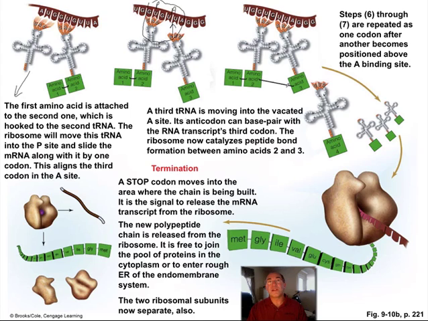Once these two are close to each other, they are joined again by another peptide bond, and the system repeats itself. This first free transfer RNA will now disappear, and the next transfer RNA will move into the P site. This system continues until you end up with a series of amino acids all linked together.